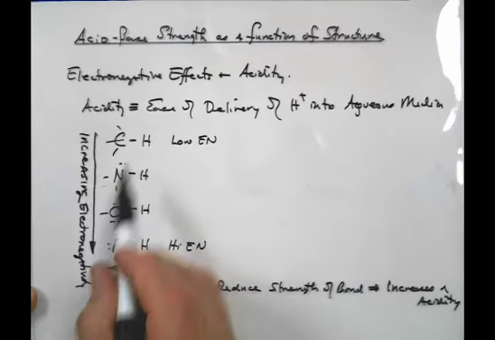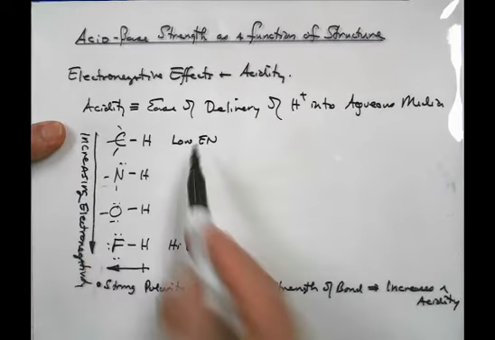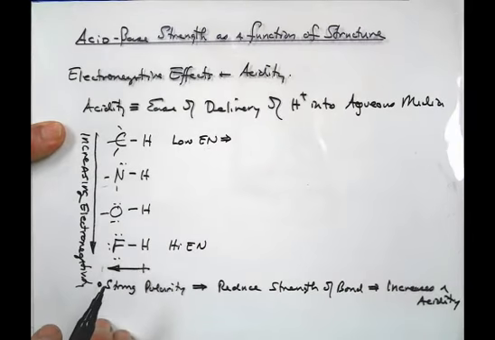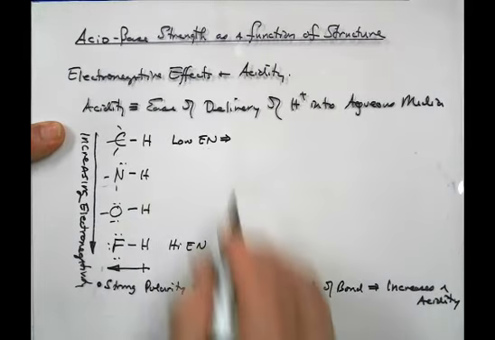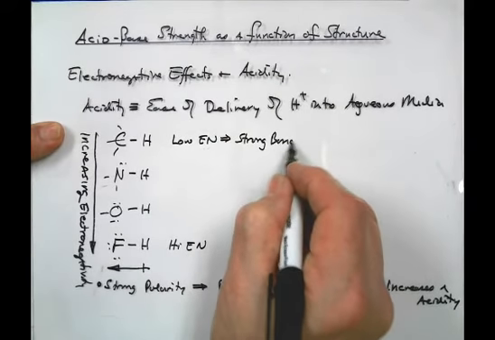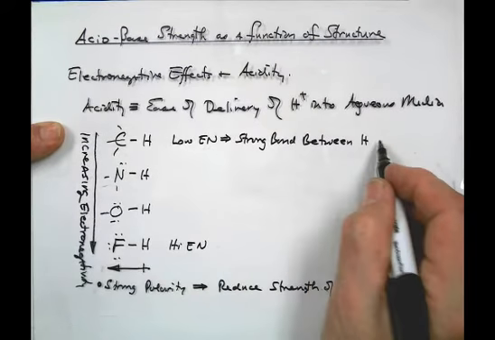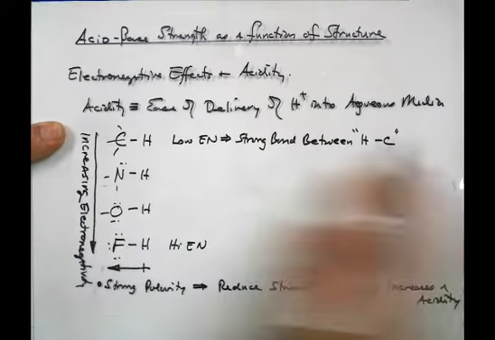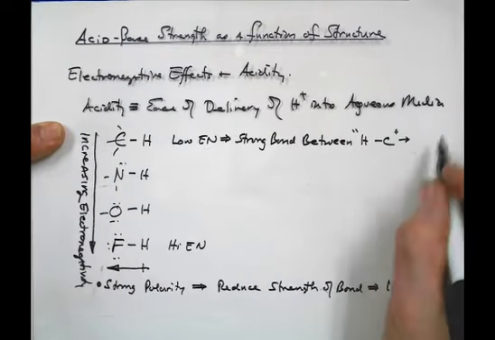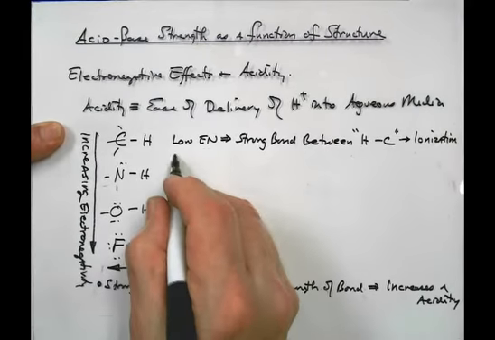On the other end of the spectrum of this sequence, we have a very low electronegativity, and it does not function to reduce the strength of the bond. So we have a strong bond between hydrogen and the carbon, so to speak, or whatever element's there. Okay? And so ionization potential is very low.